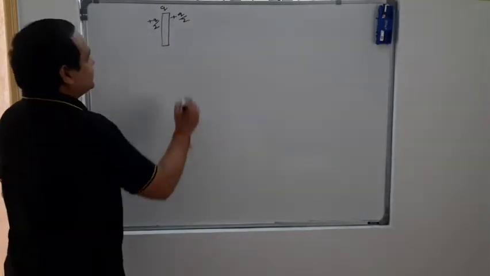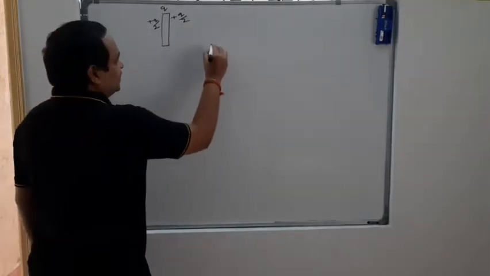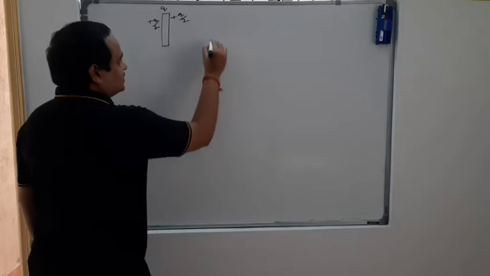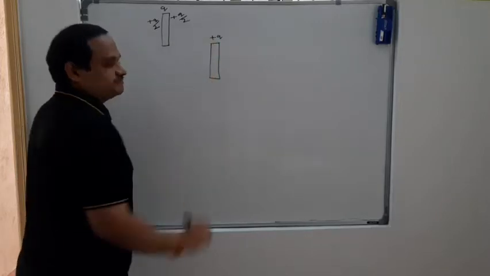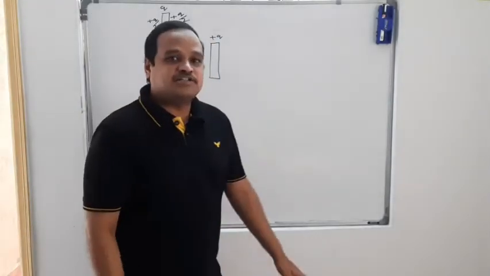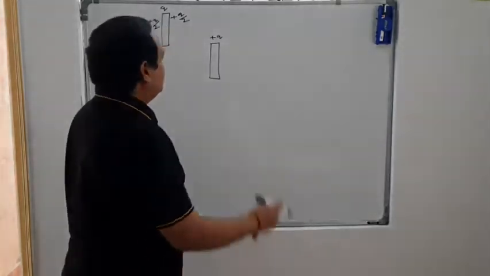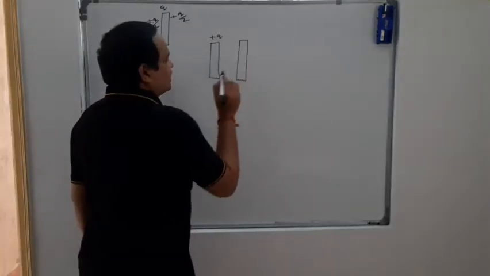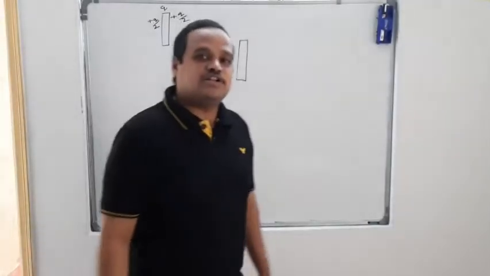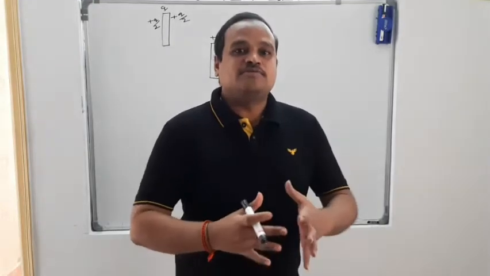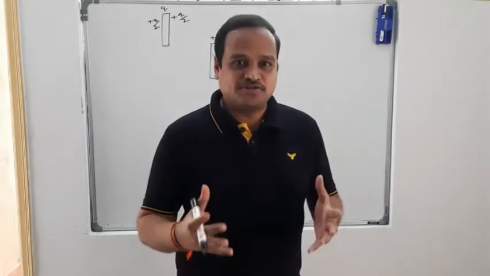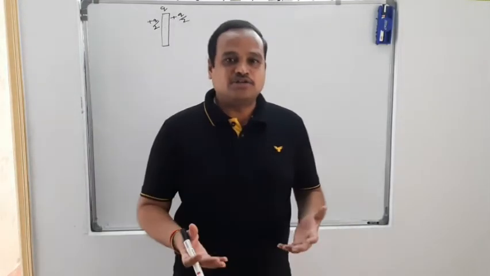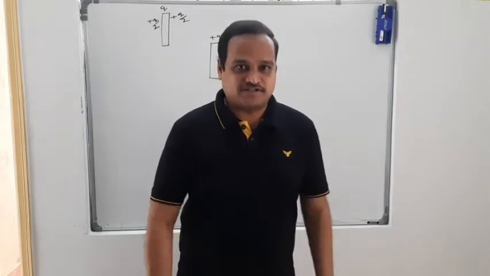Now suppose a charged plate Q is brought closer towards a neutrally charged plate. We know that a neutrally charged plate means the charges present on it are balanced, means the number of positive charges equals the number of negative charges.